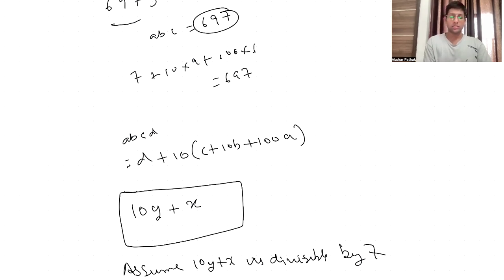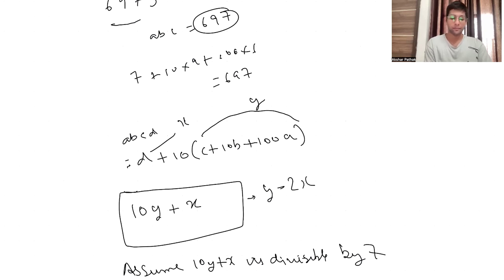This is our y, 10 times y. This is our x. Now, if 10y plus x has to be divisible by 7, y minus 2x must be divisible by 7.